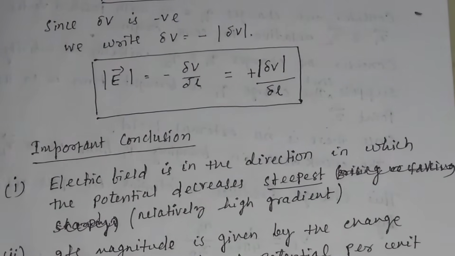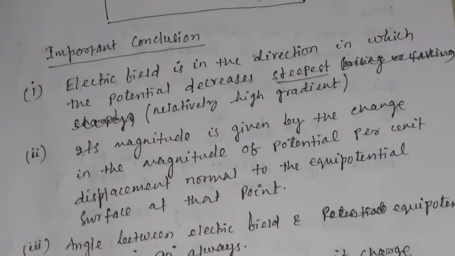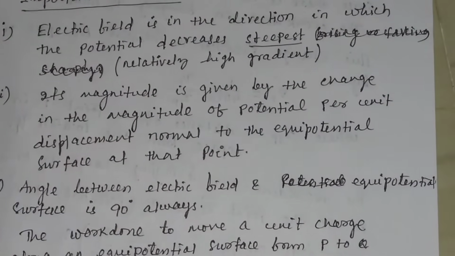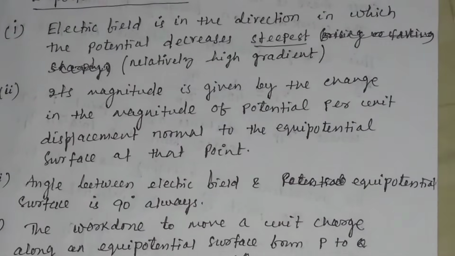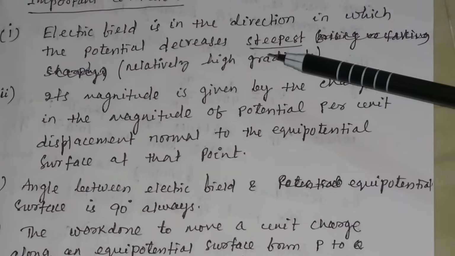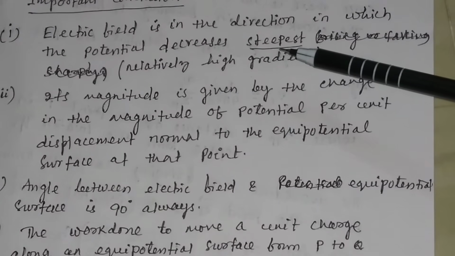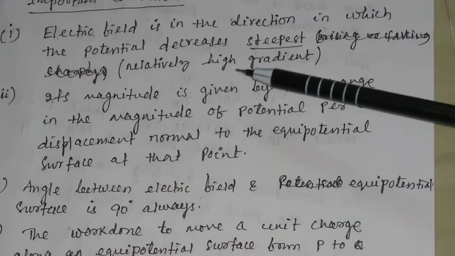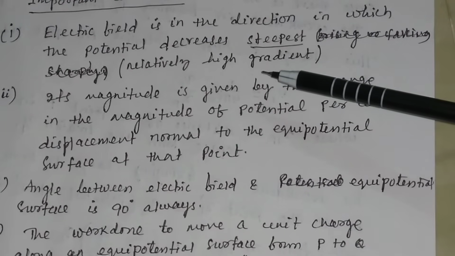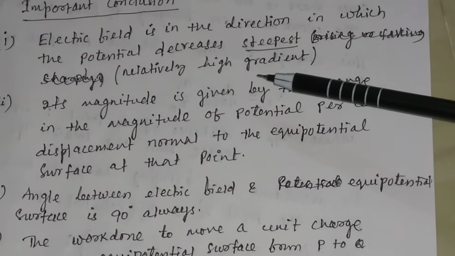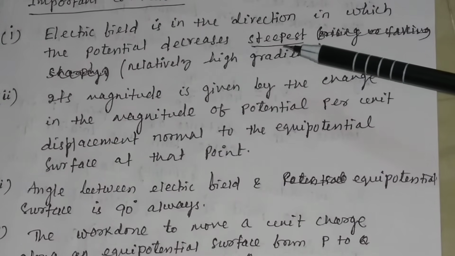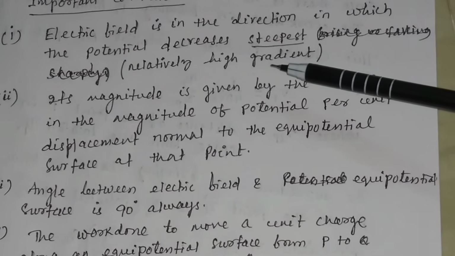You have to remember two important things from this expression. Number one, the electric field is in the direction in which the potential decreases steepest, that is, relatively high gradient.